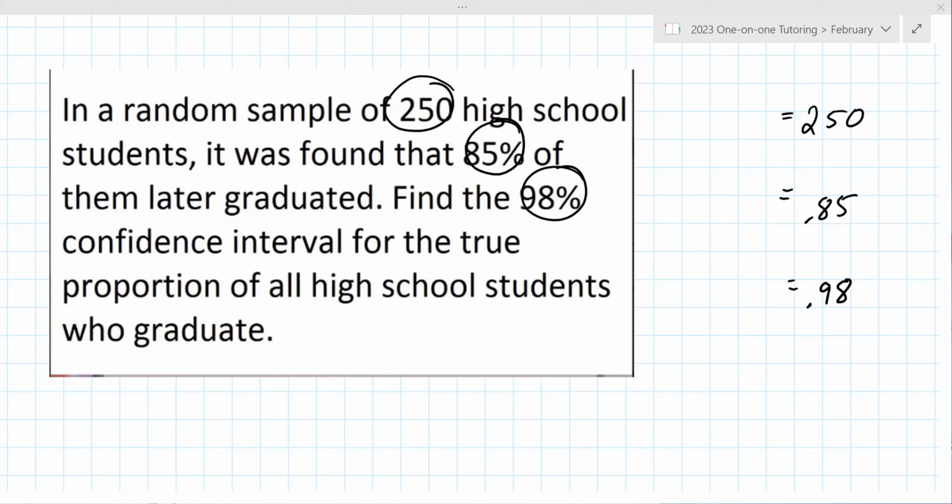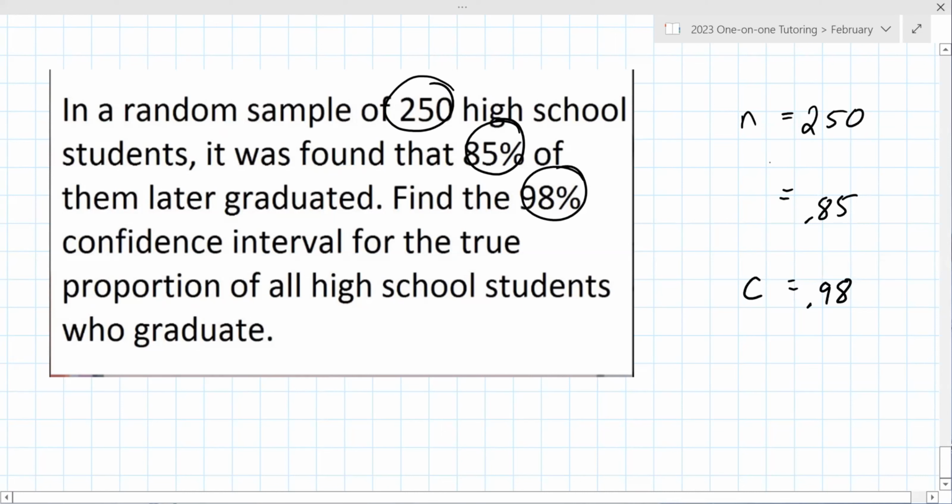C is 0.98. Good. Little n is 250. And then is it x bar for 0.85? It's p hat, it's the proportion, because it even says here proportion. That's the differentiation in the language: a proportion.